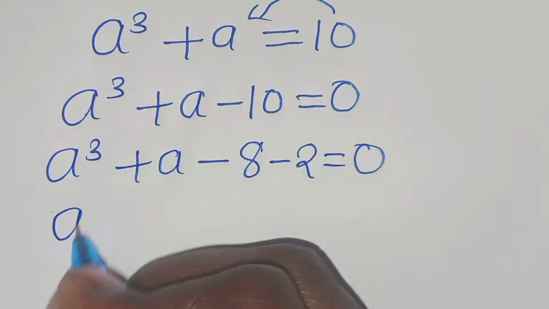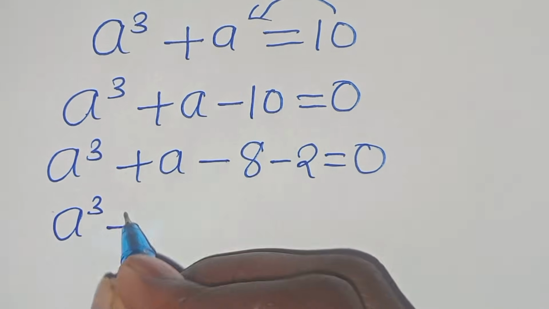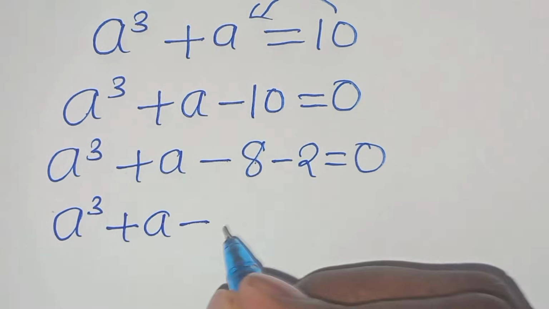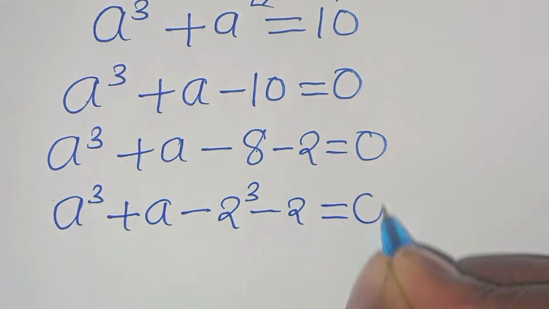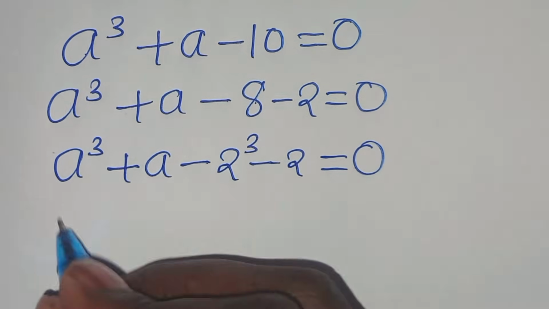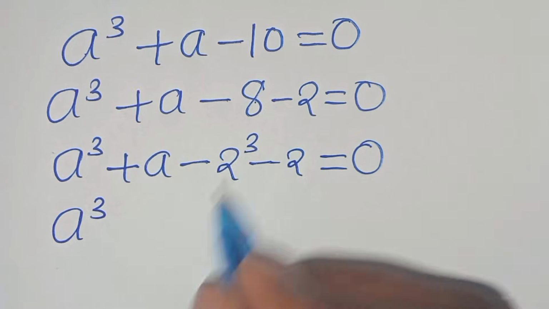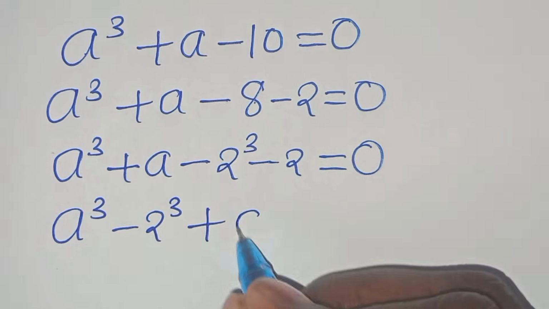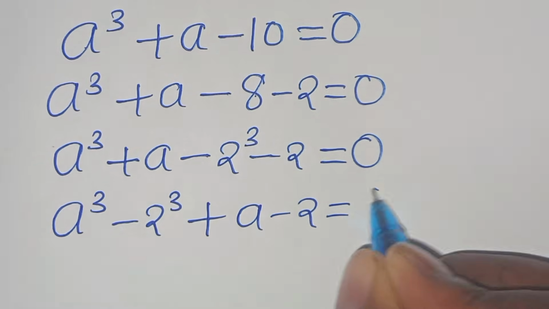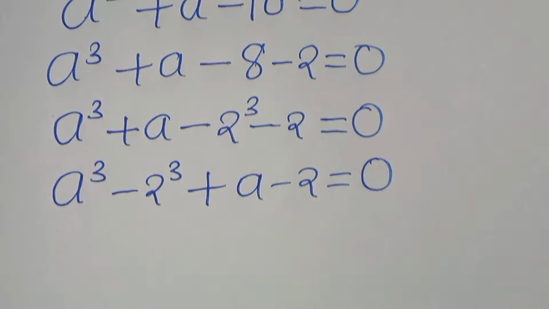So we have a to the power of 3 plus a minus 8, which is 2 to the power of 3, minus 2, equal to 0. So that we have a to the power of 3 minus 2 to the power of 3, plus a minus 2, equal to 0.